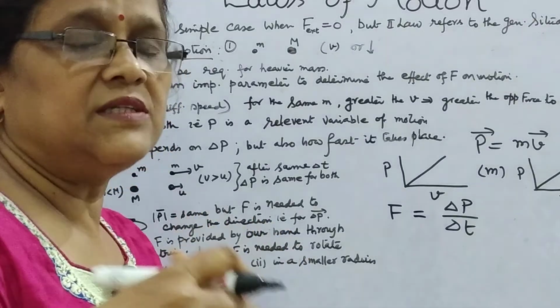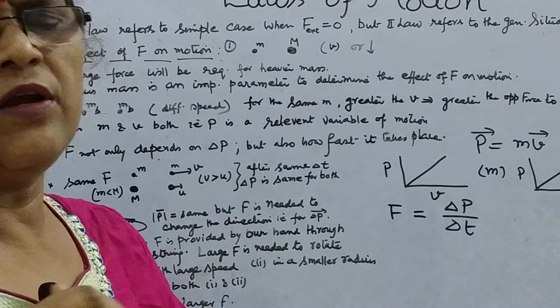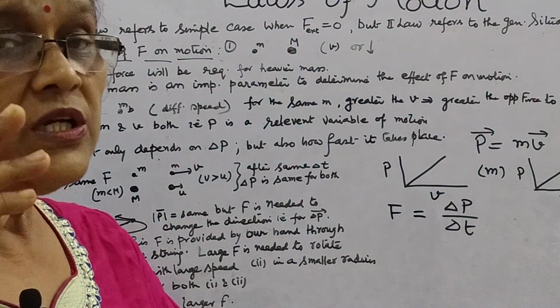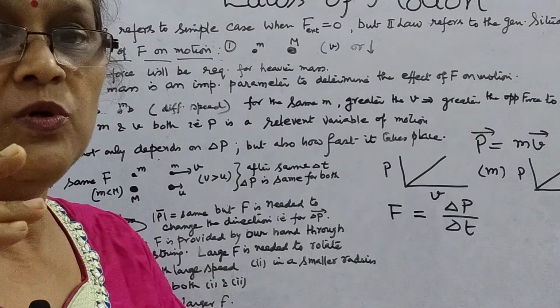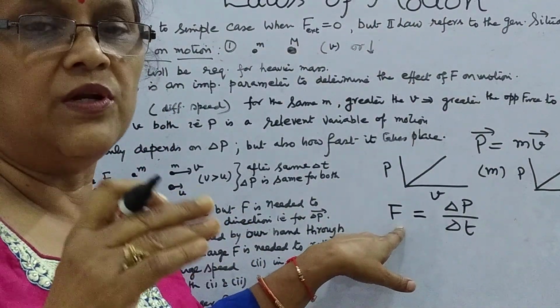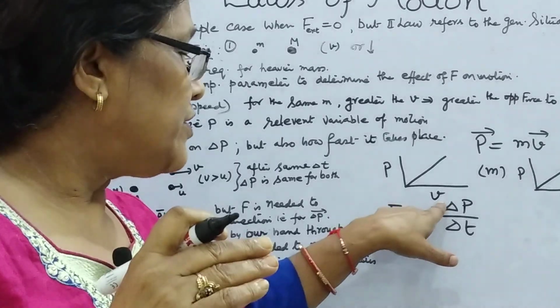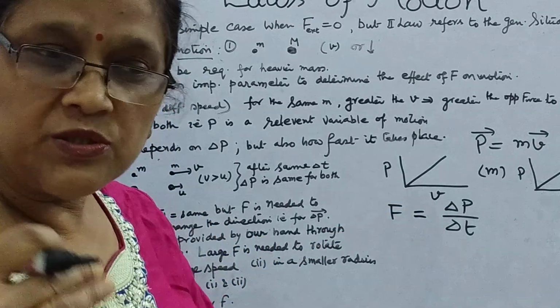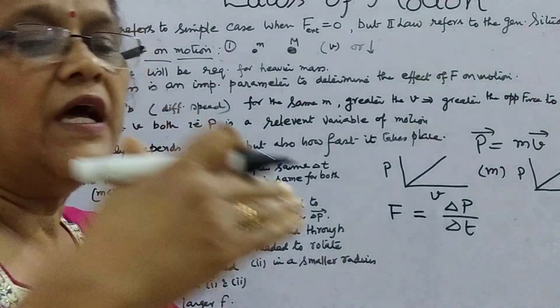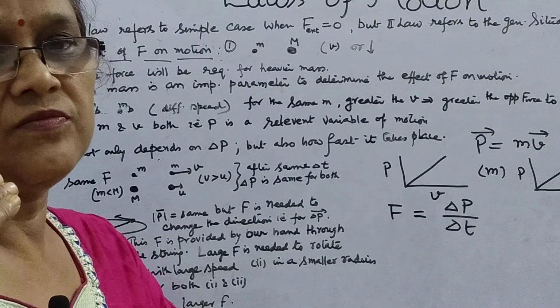Sometimes you are asked what force is. You say the second law says force equals mass into acceleration, but this is not always true. The second law is: the applied force on an object is equal to the rate of change of momentum, and the change in momentum occurs in the direction of the applied force.